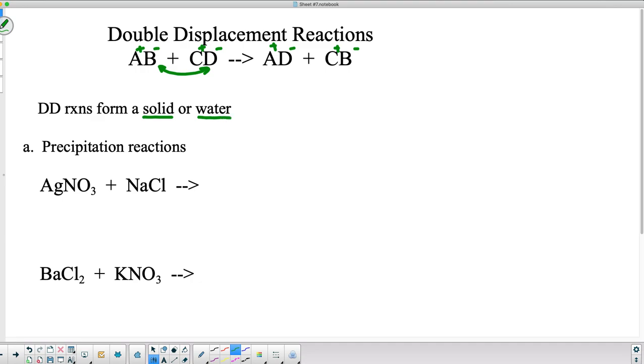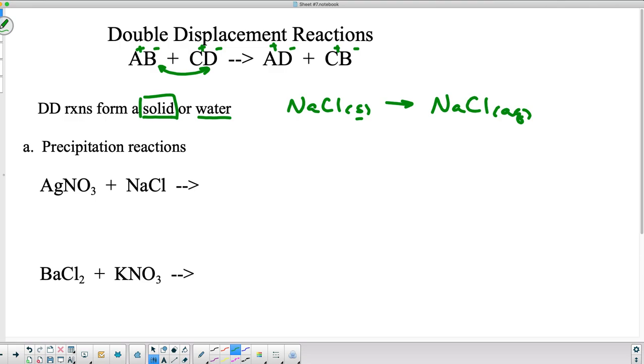To understand why you would be forming a solid, you should know that a lot of ionic compounds dissolve in water. You know that sodium chloride dissolves very much in water, and when it does, it goes from being a solid, which is what the S in parentheses means, to sodium chloride aqueous, or AQ.